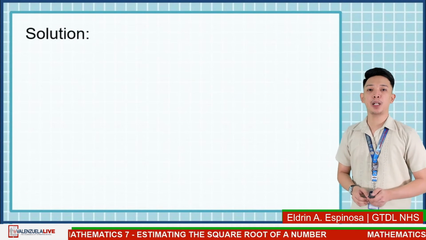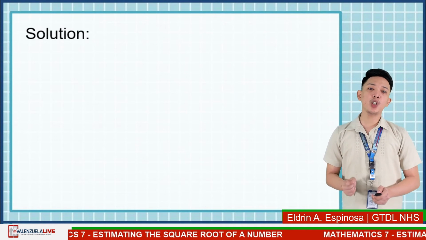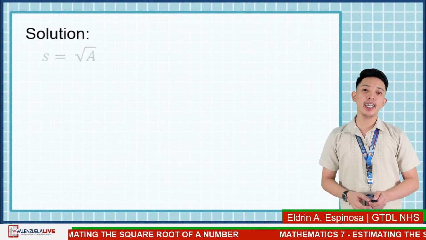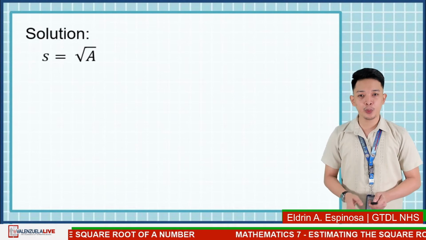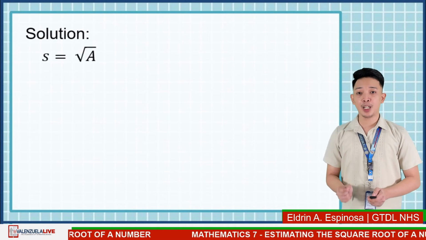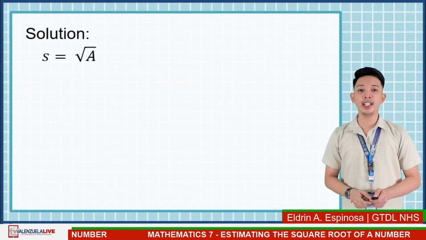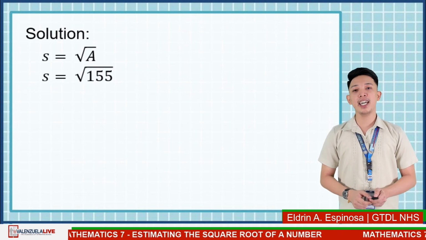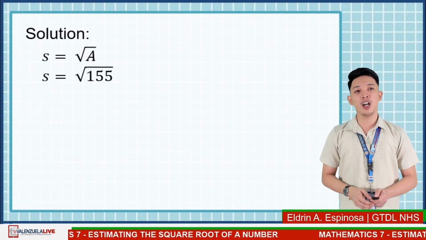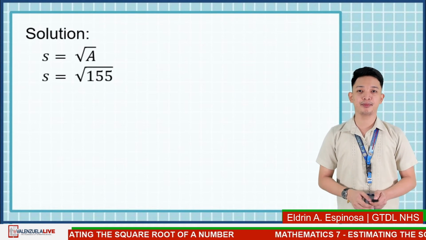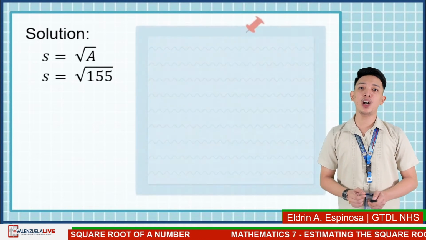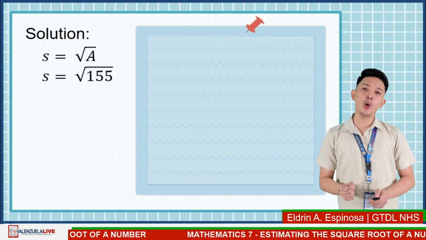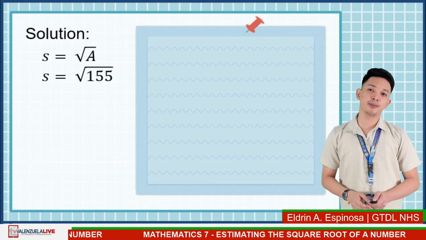To solve this problem, we are going to use the formula S is equal to square root of A. Substituting the given floor area, which is 155, we will have S is equal to square root of 155. Now, how are we going to approximate this number?